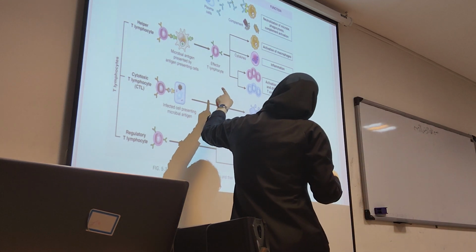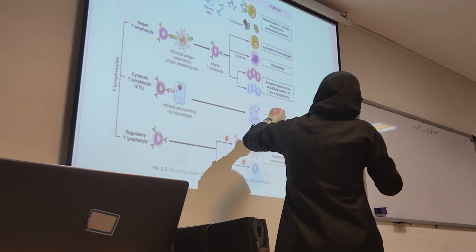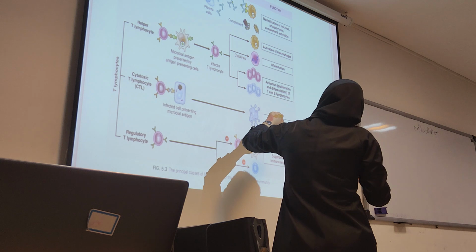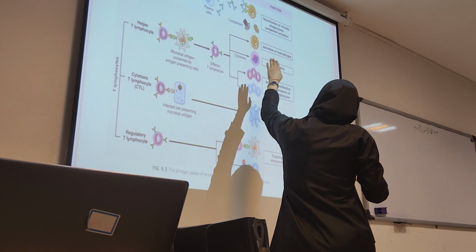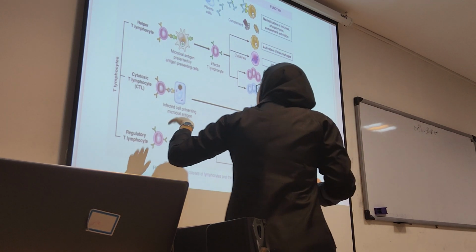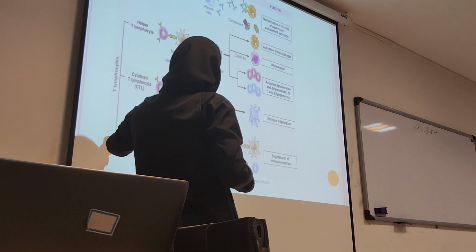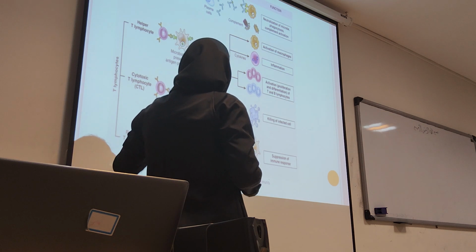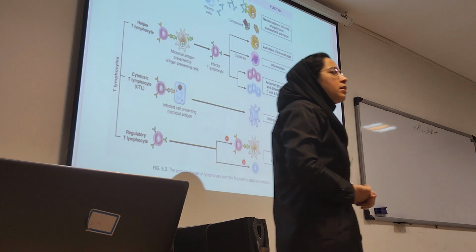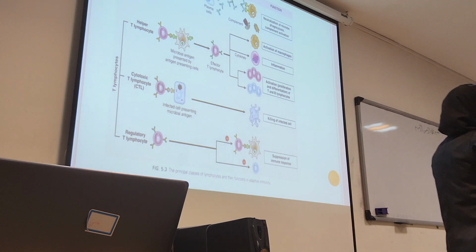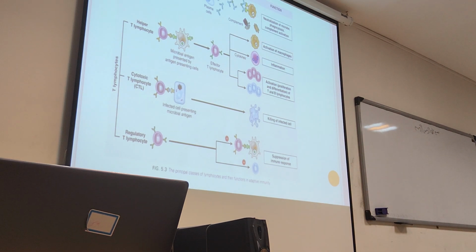And these cytokines also cause proliferation and differentiation both of T cells and B cells. And we also have cytotoxic T lymphocytes. Why do we call them cytotoxic? Because they intoxicate the cell. Yes, they directly kill the cell.